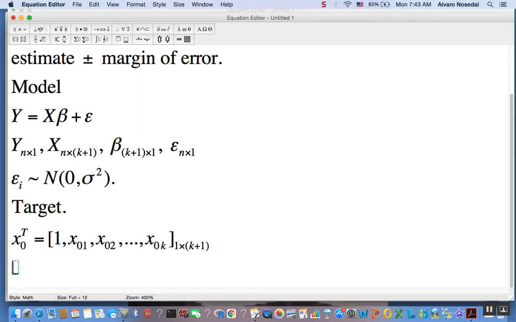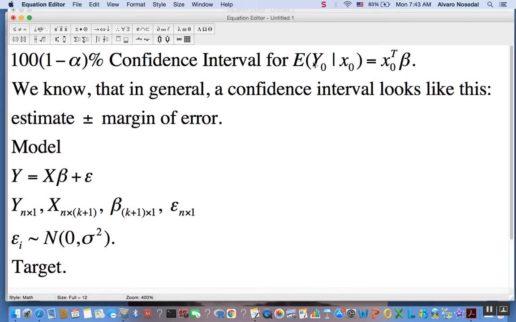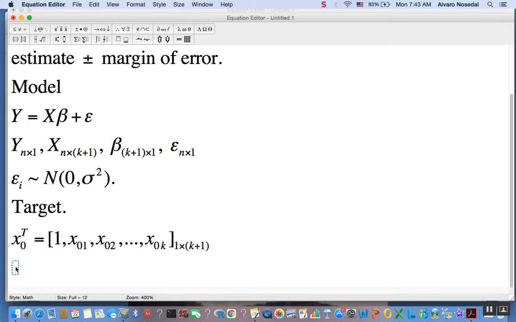Okay, so the thing is, note that for a particular y0, meaning the response evaluated at a particular value of x0, which is a vector, a particular combination of values of the predictor variables, what we have is something like this. I'm going to write this down in a detailed way.